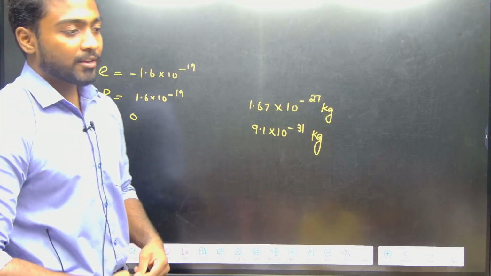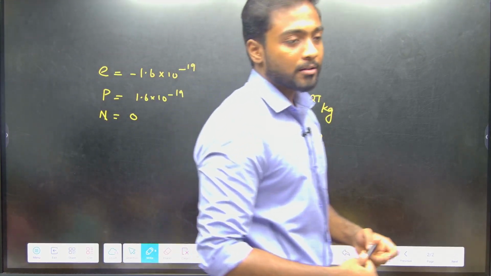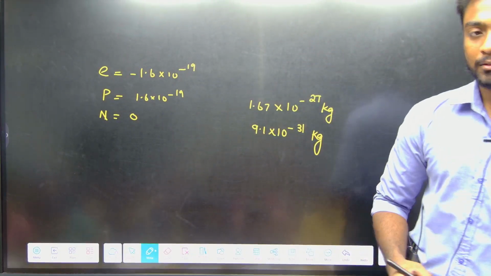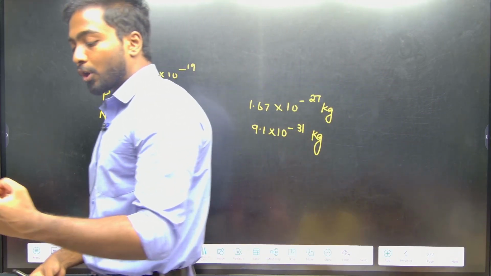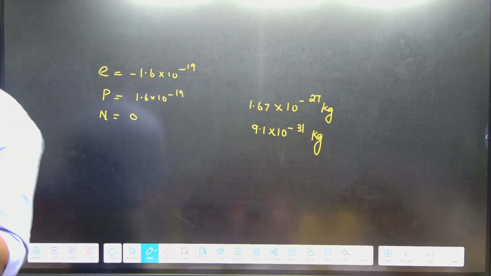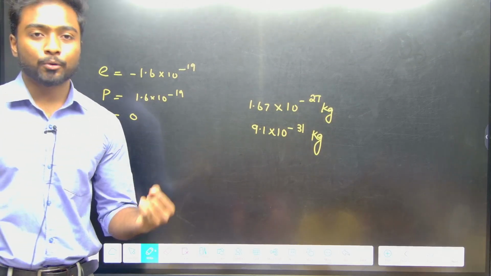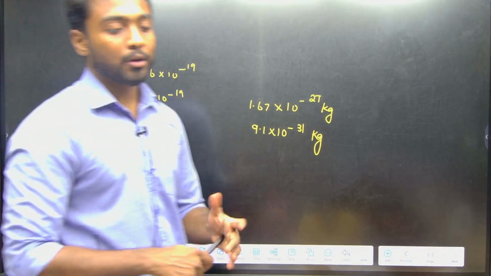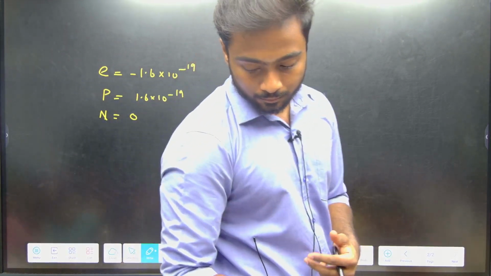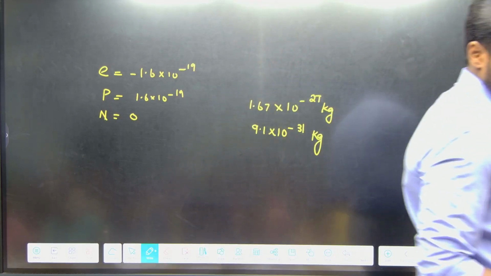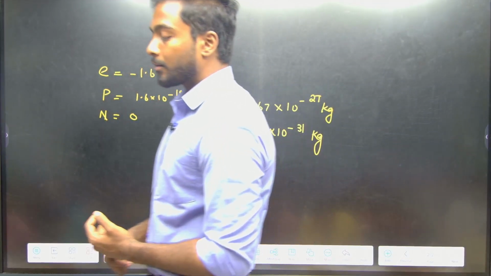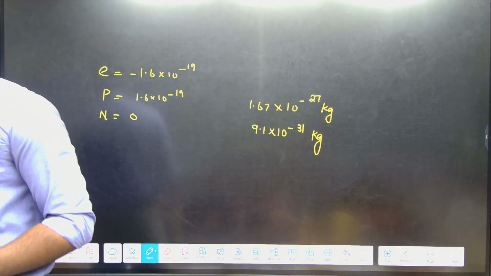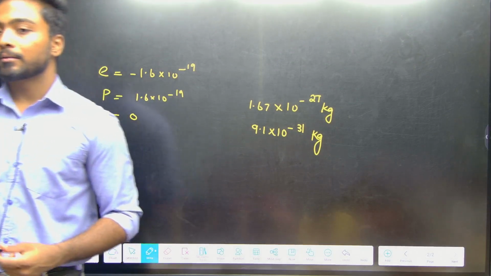So under nucleus we have proton and neutron. The next point is, this is closely and tightly packed.